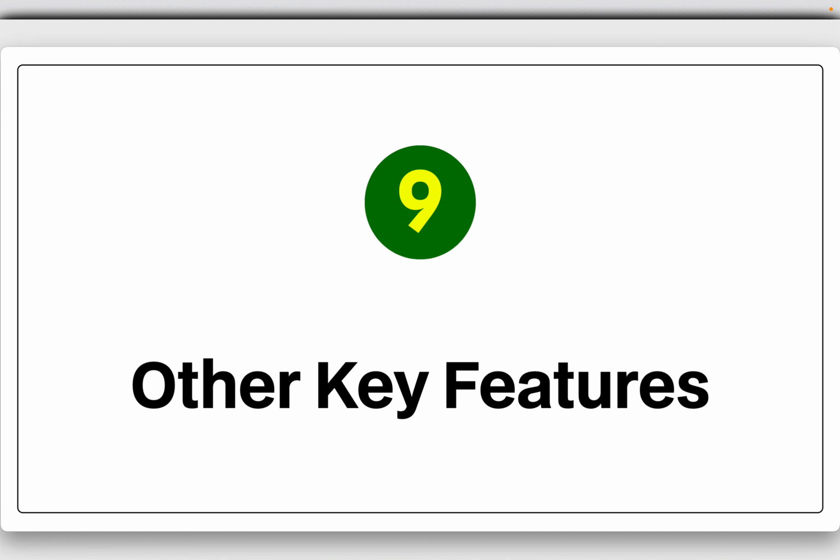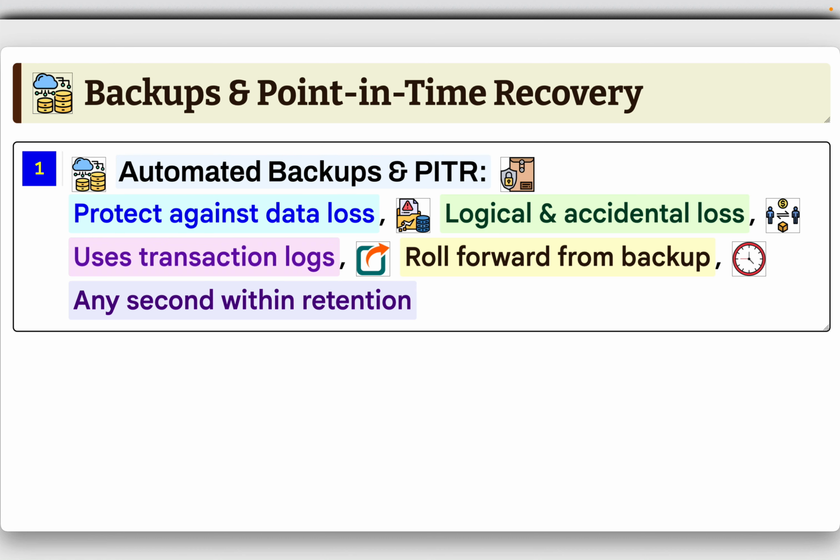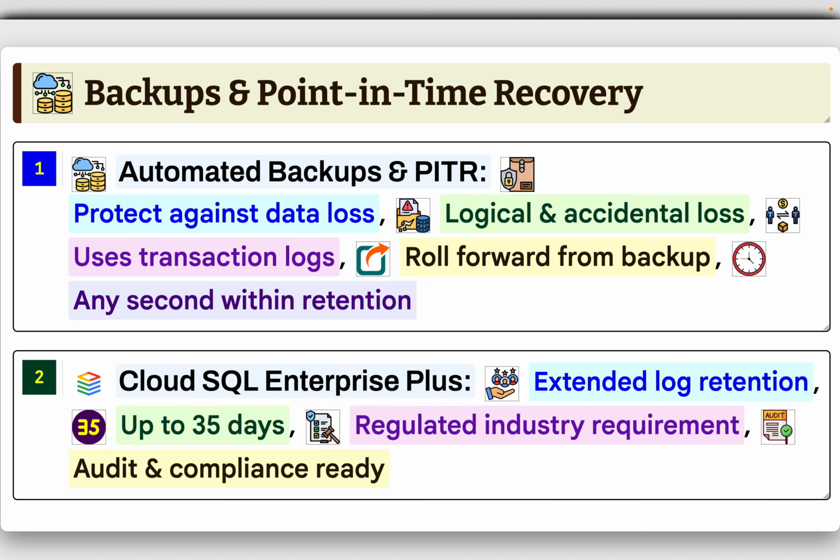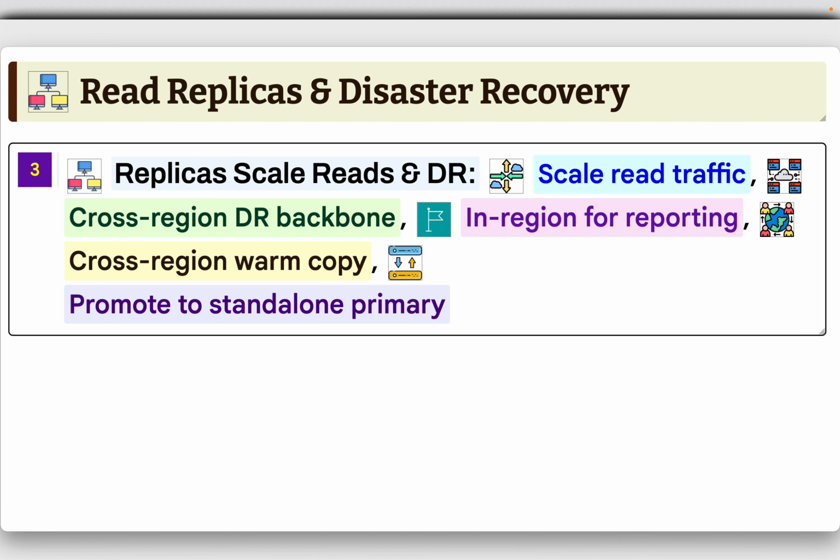Ninth topic is other key features. Automated backups and point-in-time recovery protect against logical and accidental data loss. Point-in-time recovery uses transaction logs to roll forward from a backup to any second within the retention window. Cloud SQL Enterprise Plus extends log retention up to 35 days, which is often what regulated industries require.